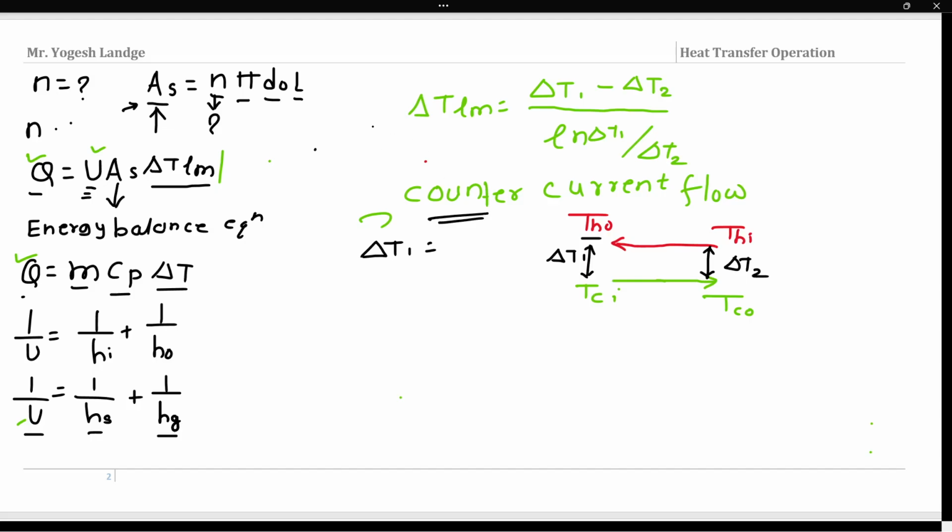Okay. So I can get a value of delta TLM from this one. So once I know the value of delta TLM, once I know the value of U, once I know the value of Q, I can easily get a value of this A. Okay. So let's solve one by one and try to get the values of each and every one.